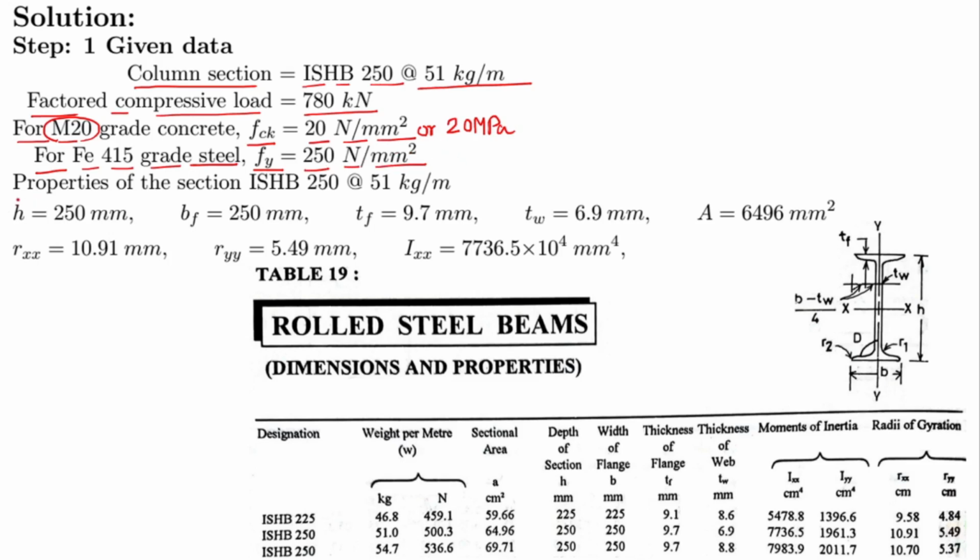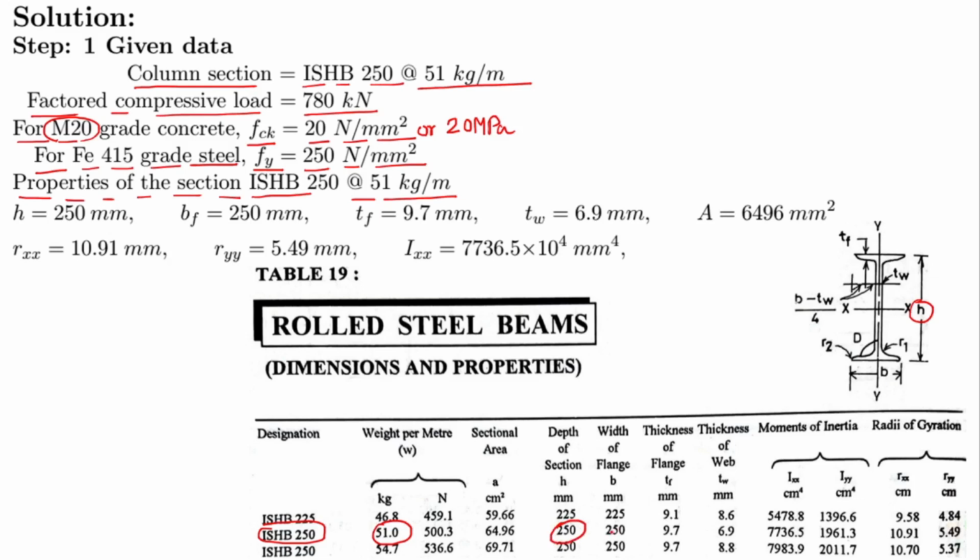Then I shall note down the properties of the section ISHB 250 at the rate 51 kg per meter from steel table. If you see the steel table for ISHB 250 having weight 51.0 kg per meter, its depth of the section, denoted by h or height, is 250 mm.